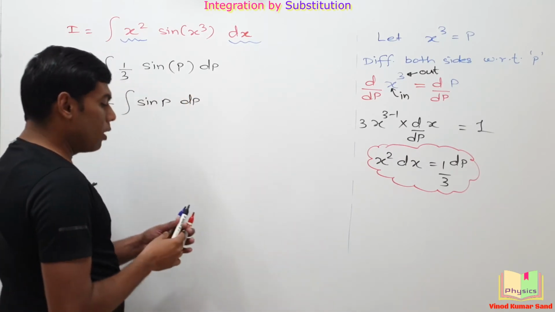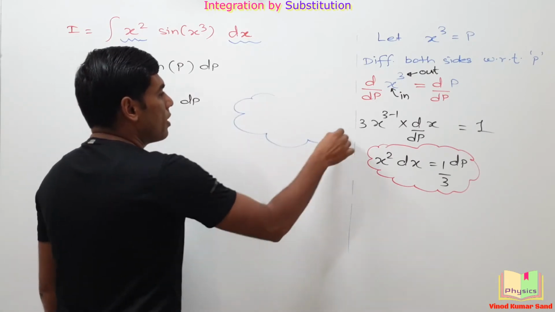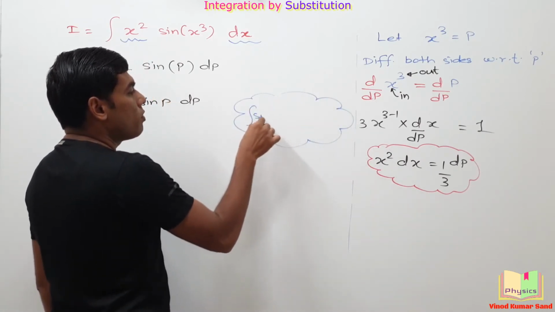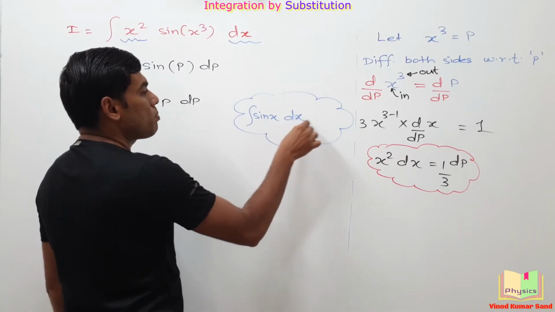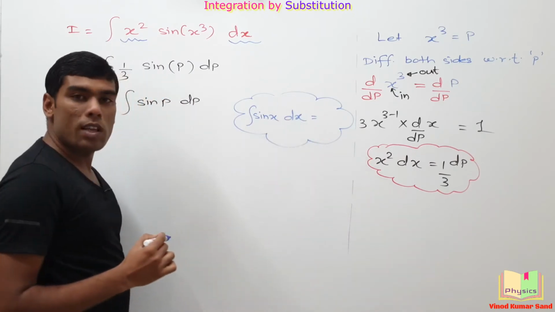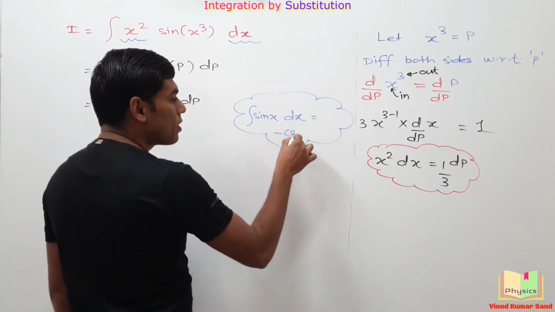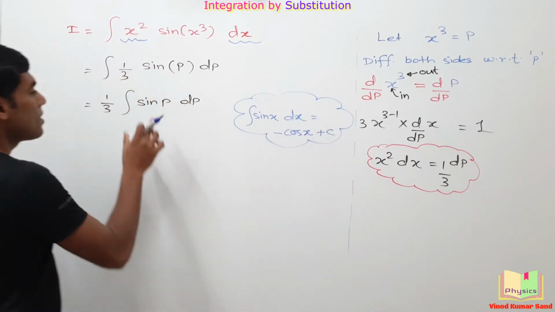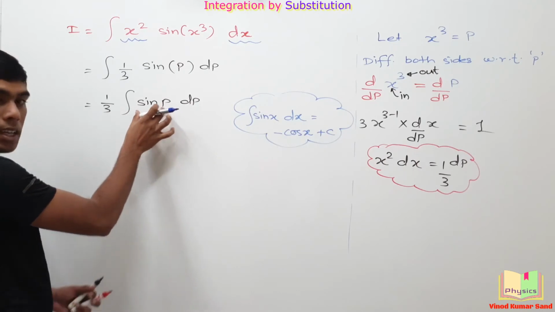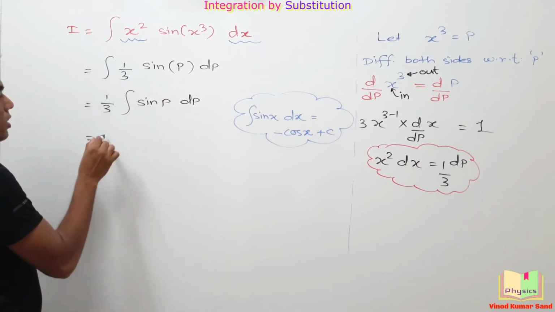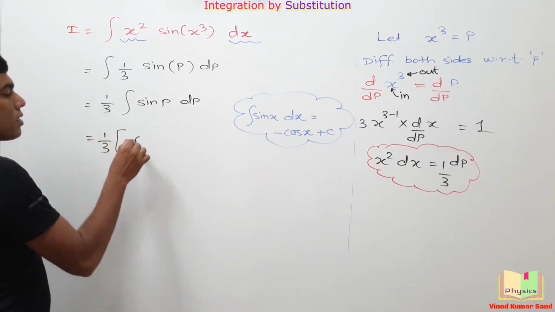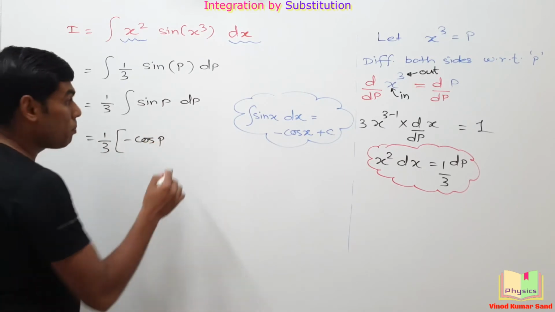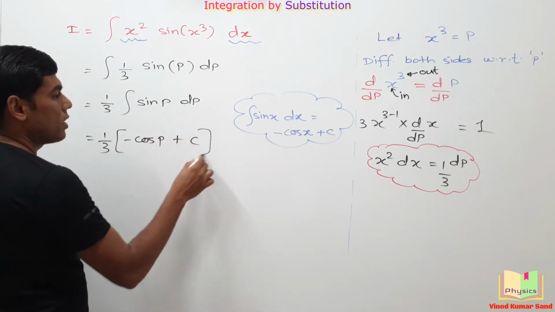Fine. Now you remember the formula. Integration of sine x with respect to the variable x. What was the answer? Minus cos x plus some constant c. Similarly, this integration will result into what? Minus cos p plus some constant c.